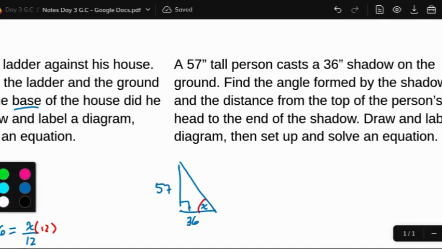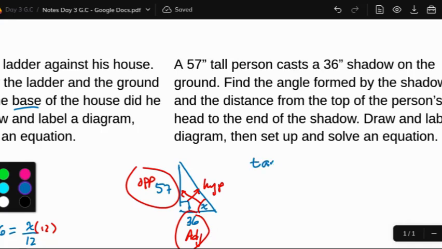So once again, we've got our opposite, hypotenuse and adjacent. So it looks like I'm using tangent, for TOA. So the tangent is equal to the opposite over adjacent. So tangent of x is equal to 57 over 36.